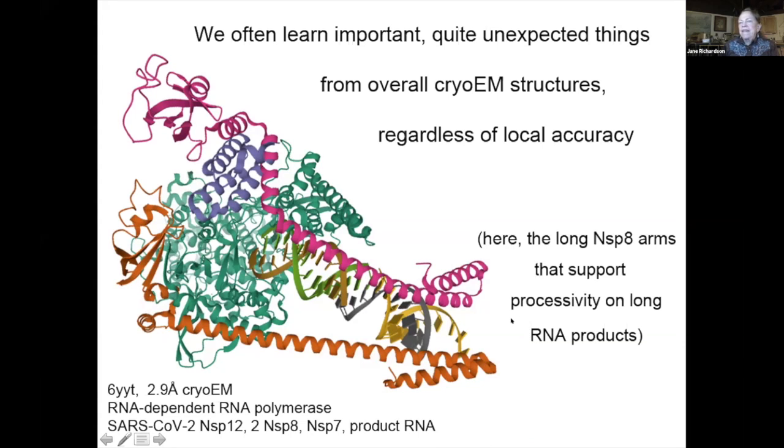And we had no idea that it worked this way until this particular cryo-EM structure. And that kind of thing doesn't depend very much on local accuracy really being that great. We learn all sorts of things even so.